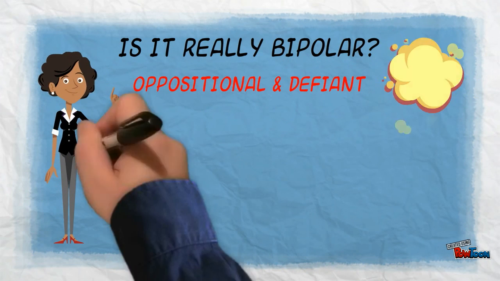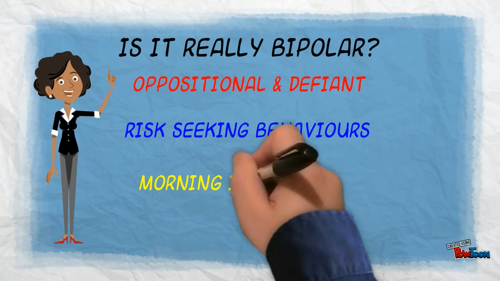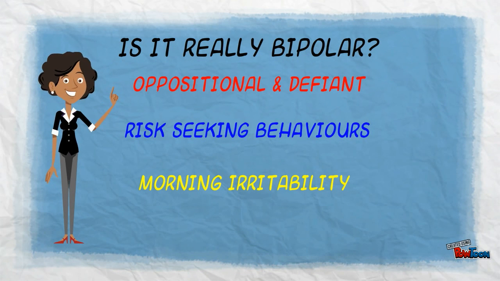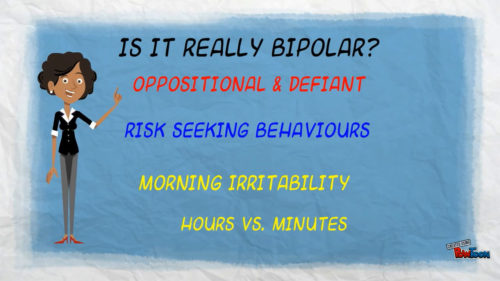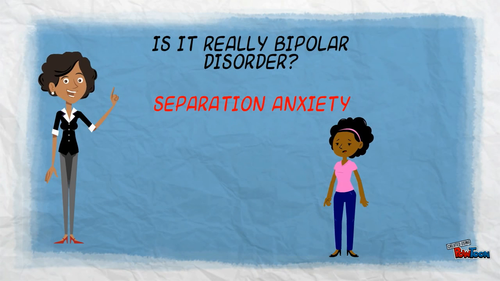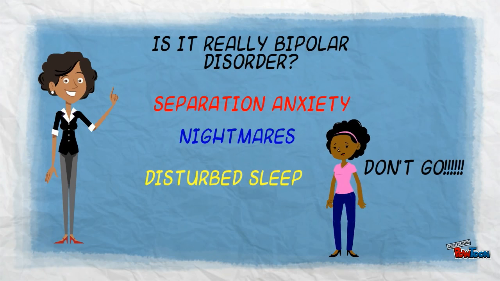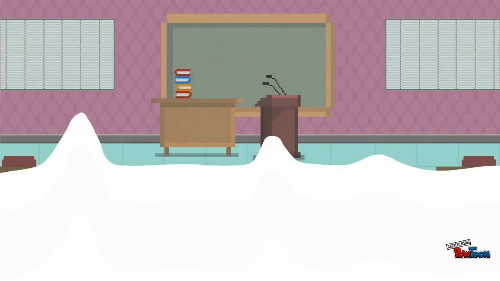They might show intentionally aggressive or risk-seeking behaviors. Their morning irritability may last for hours, compared to minutes in ADHD. Children with bipolar disorder often have separation anxiety, bad dreams, or disturbed sleep.